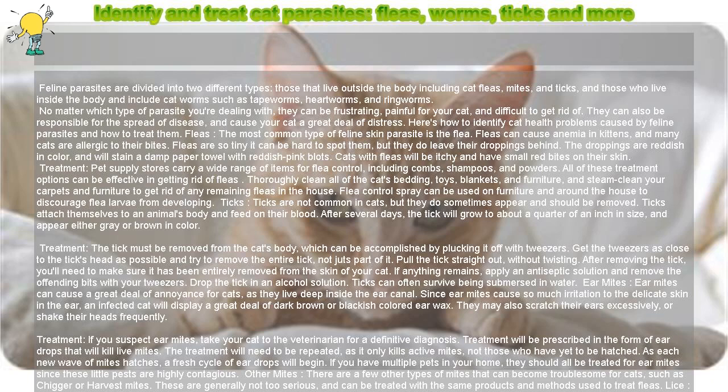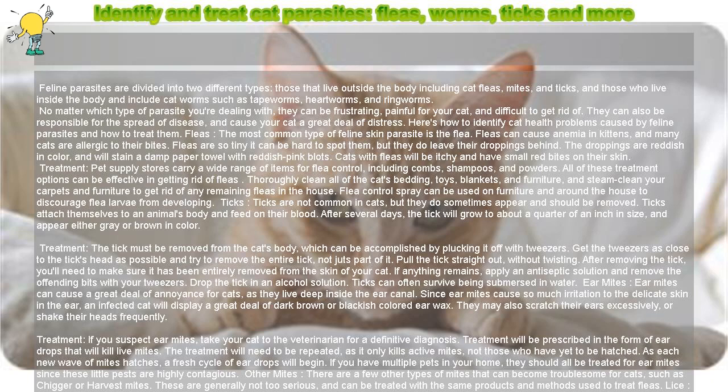Treatment. Pet supply stores carry a wide range of items for flea control, including combs, shampoos, and powders. All of these treatment options can be effective in getting rid of fleas.